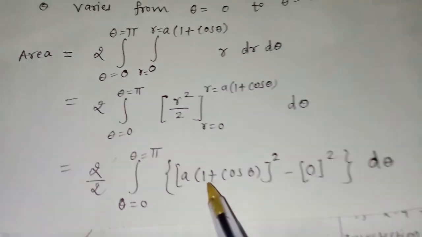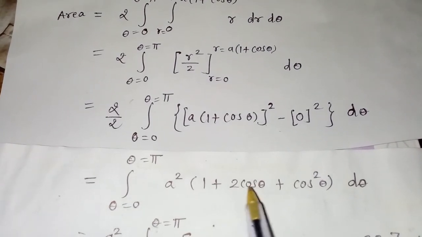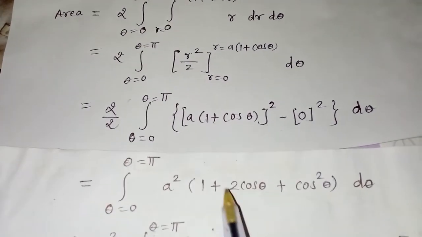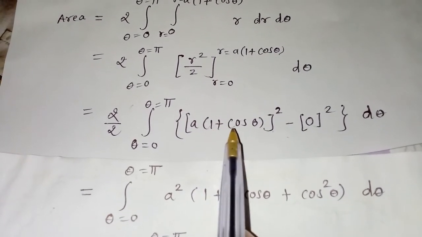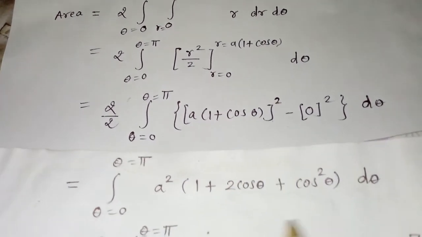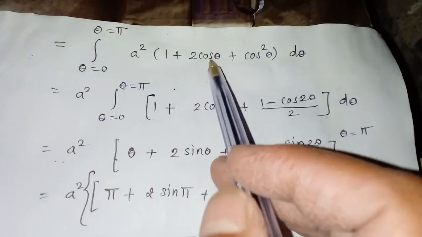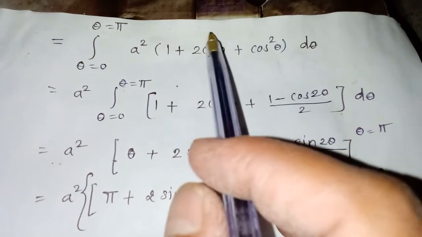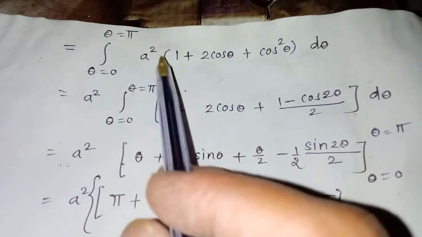So after simplifying it, a square into 1 plus 2 cos theta plus cos square theta, and this is nothing but the square of the inside bracket, 1 plus cos theta squared. Now here we have to take integration with respect to theta, so a square will be constant.